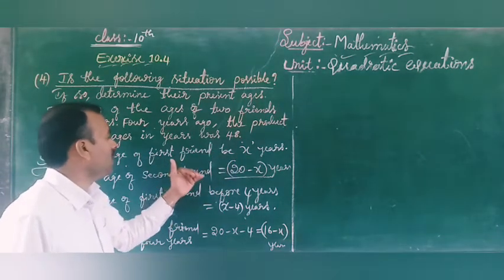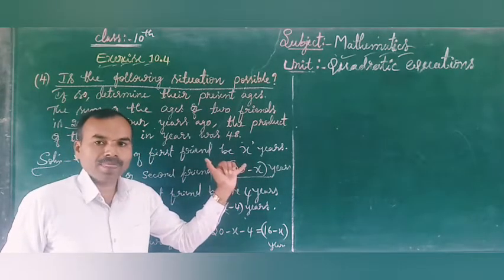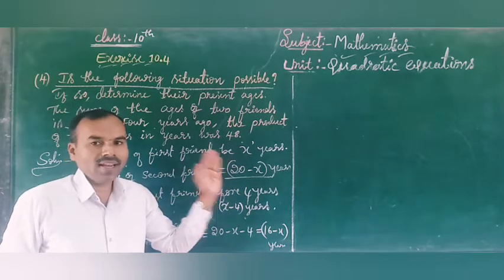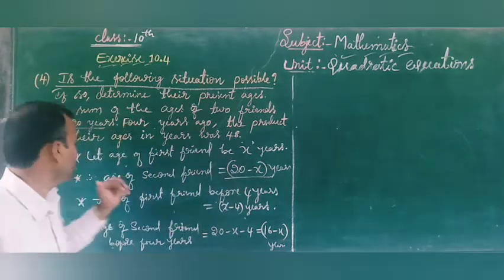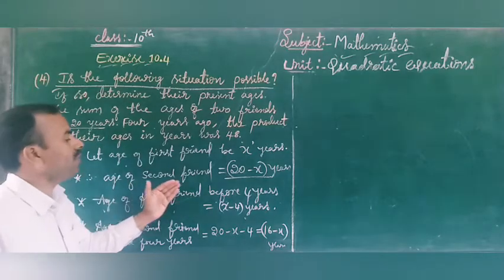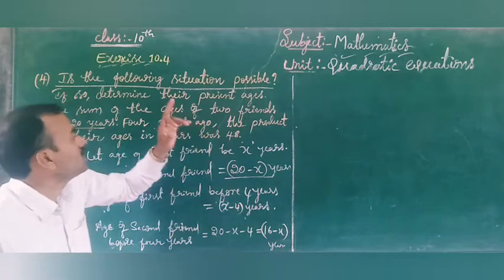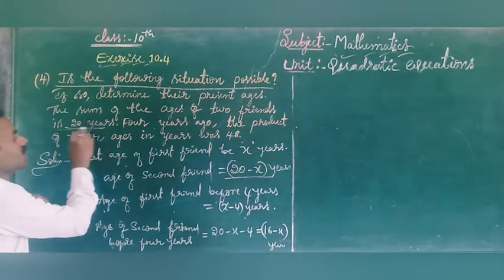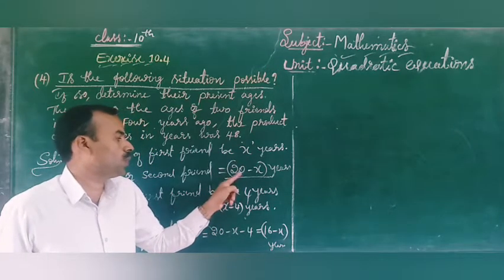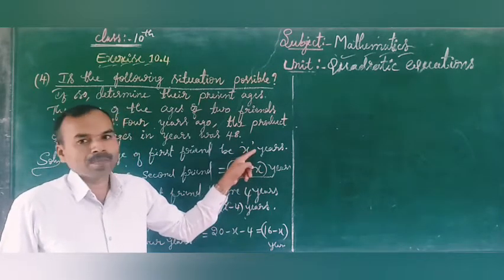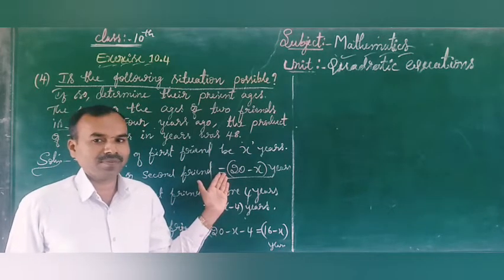Then the age of the second friend equals 20 minus x years, because the sum of their ages is 20. Taking the sum of these two, 20 minus x plus x, the x cancels, and the sum is 20.